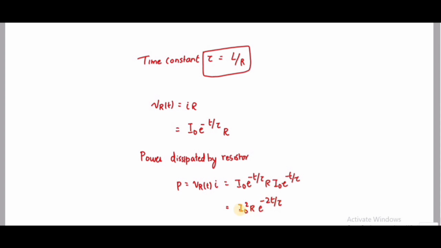So this is nothing but I naught square R into e power minus 2t divided by tau. This is your power dissipated in the resistor.